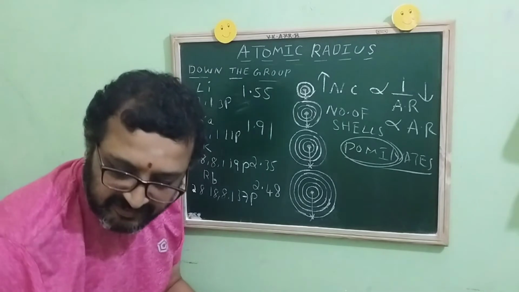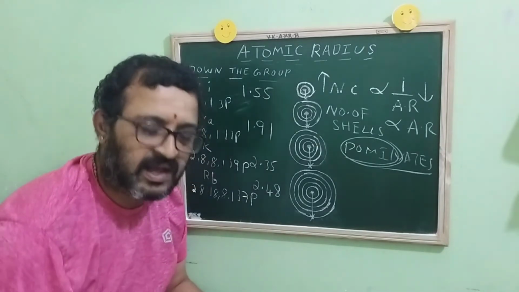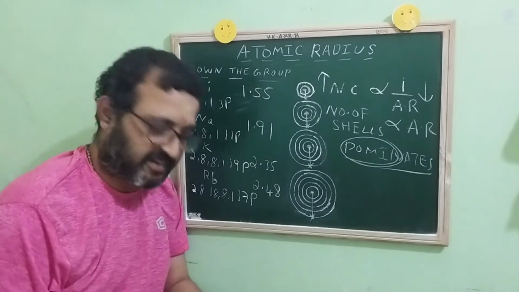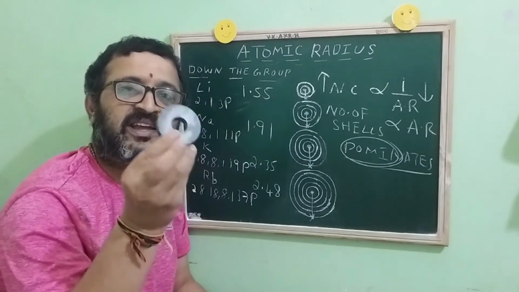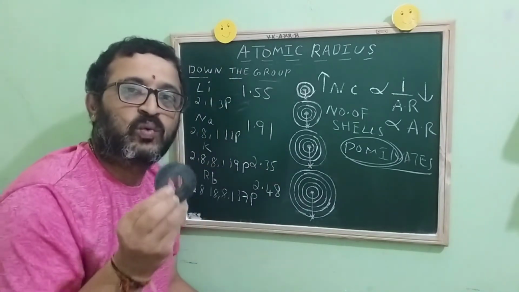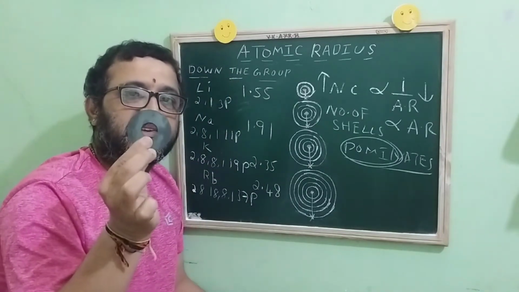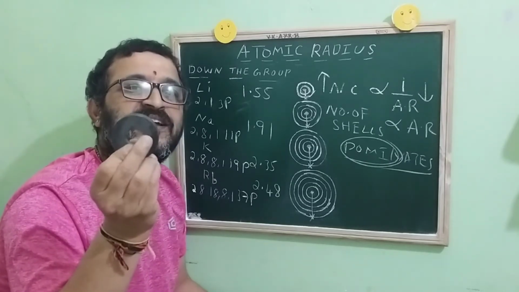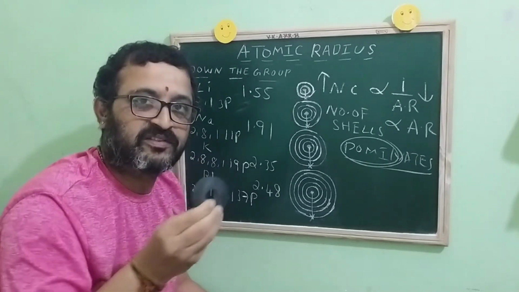Children, for this, I would like to do one small demonstration. What we'll do is that I have taken one magnet and one metal. Now, this magnet is nothing but the nucleus, which contains what? Protons.